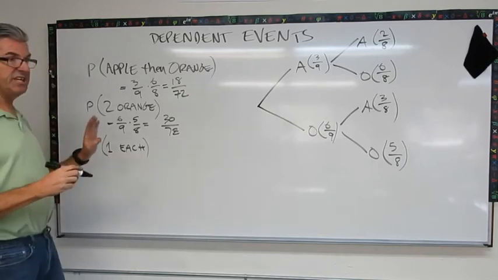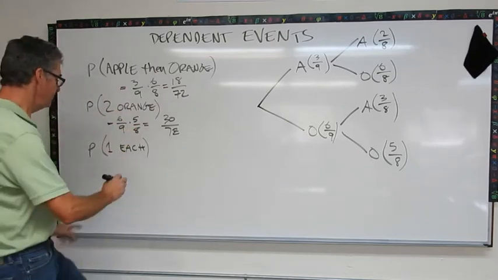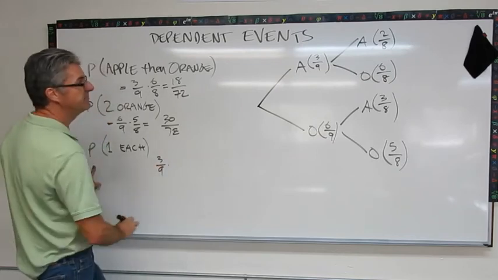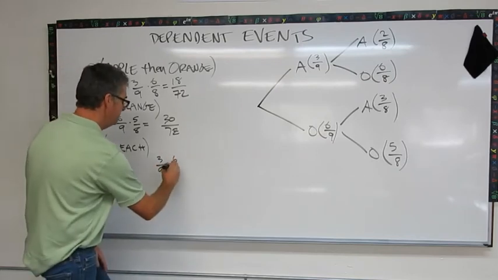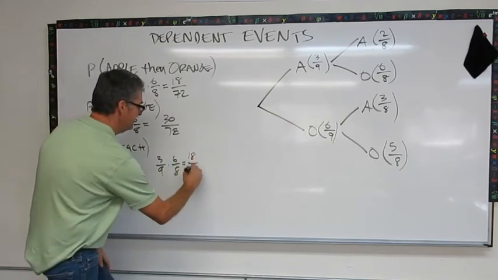So there's 2 ways to get it. Apple first, orange second, or orange first, apple second. So let's do apple first, 3 over 9, times orange second, 6 over 8, which we know from up here, that's 18 over 72.